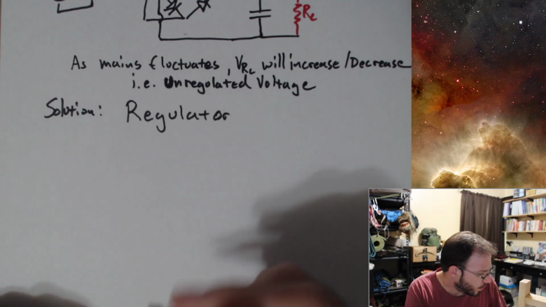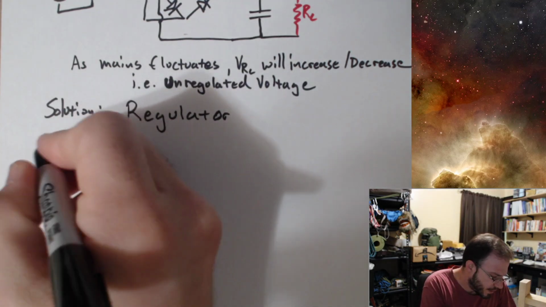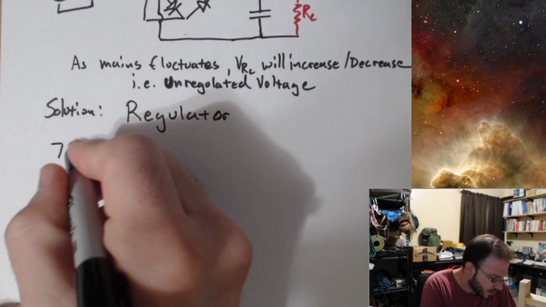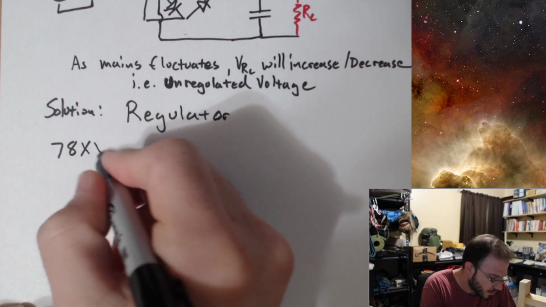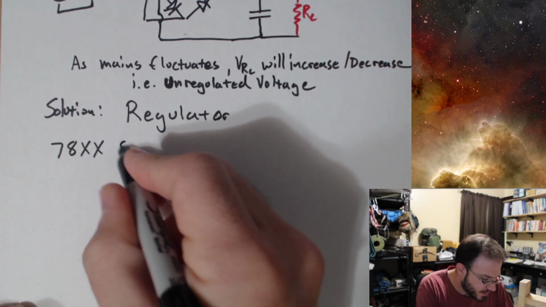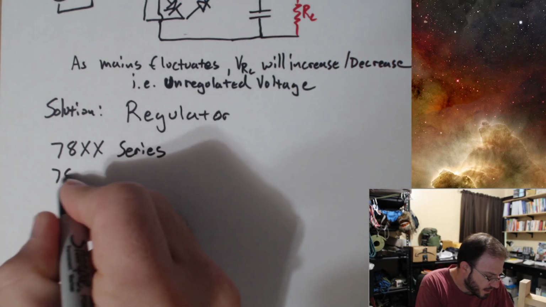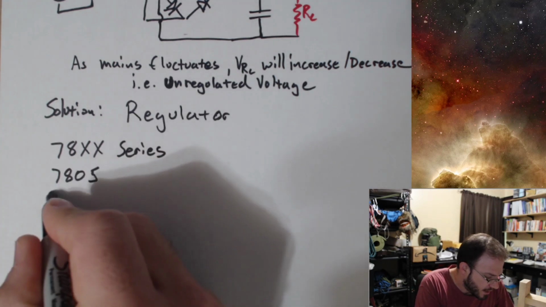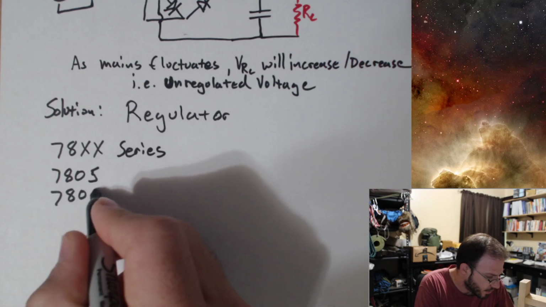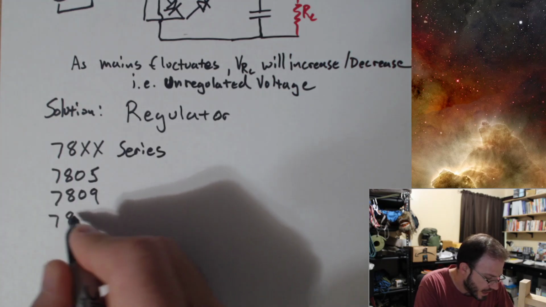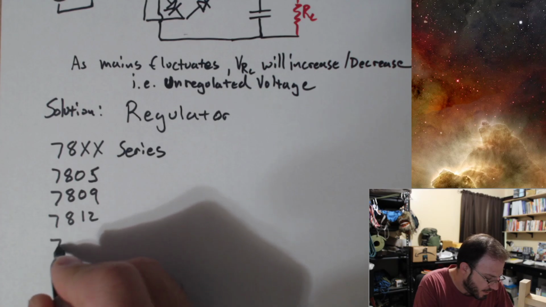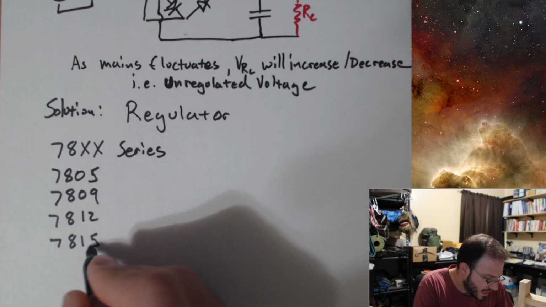Okay, so we have the 78XX series. This is the 7805, the 7809, 7812, 7815.